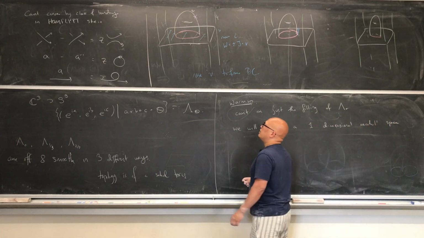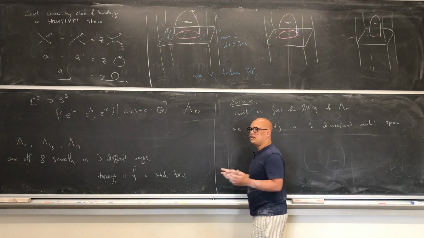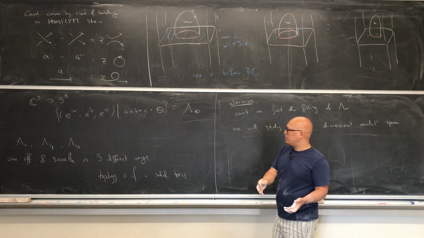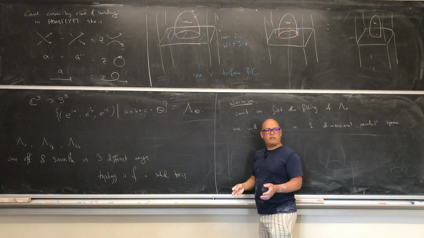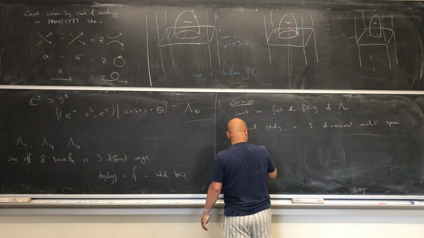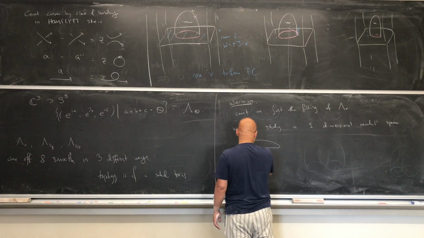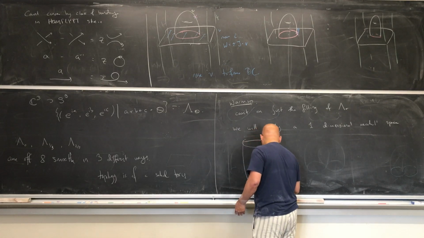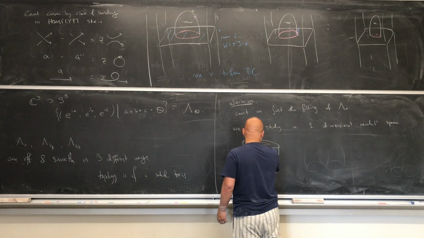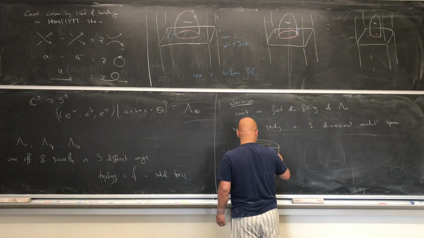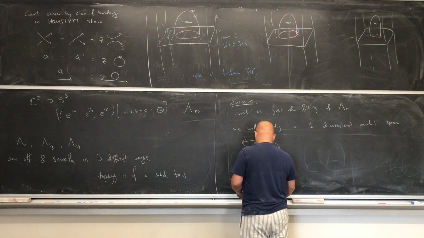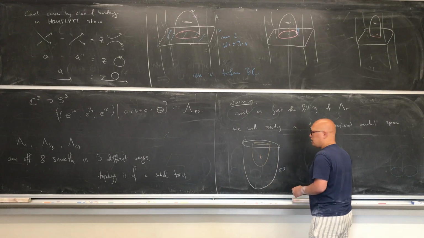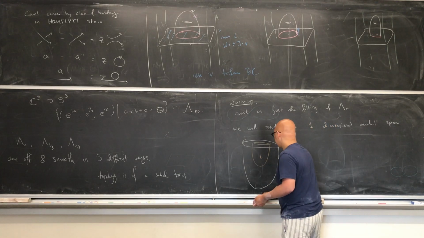To get a one-dimensional moduli space: counts of curves with boundary on the Lagrangian are all zero-dimensional, because of some index, some elliptic nonlinear PDE. The way you bump up the index is you allow the curves to go to infinity in a certain controlled way. So this is L, this is C3.